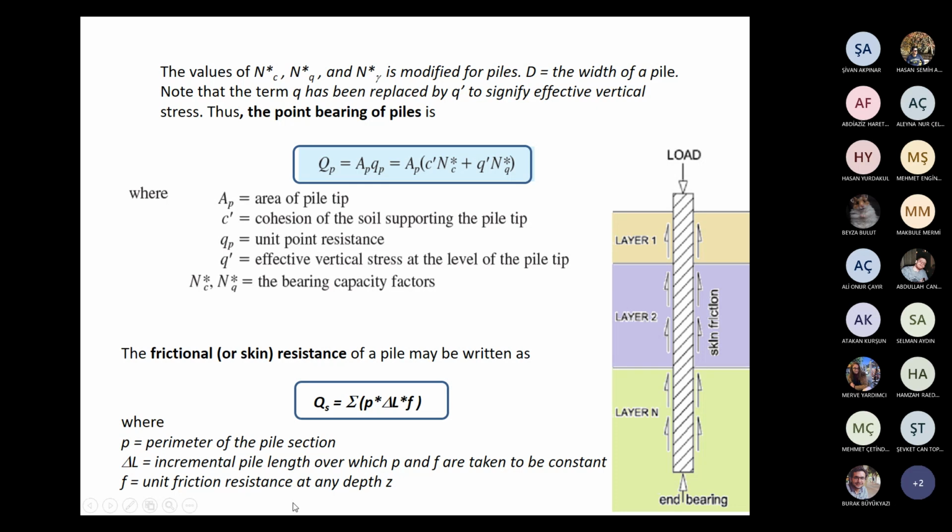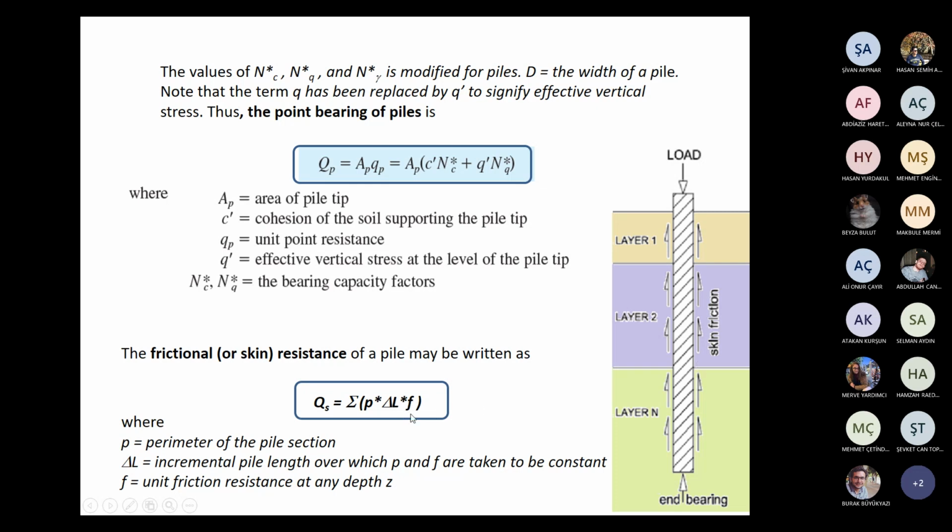So our shaft resistance will be the cumulative sum of perimeter multiplied by layer thickness. What does it mean? It is the side area of the pile, in other words the area of the pile-soil interface.